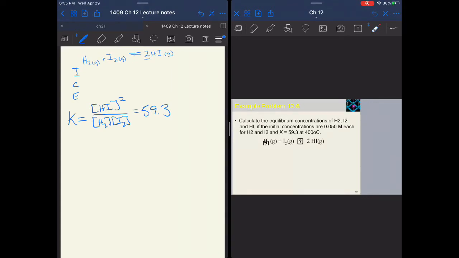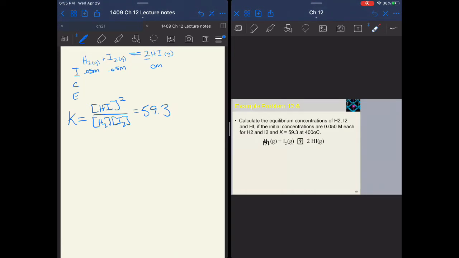Okay, we're also told that initially, so right when we mix these two together, before the reaction has taken place, we have 0.05 molar H2 and I2. So that's our initial concentrations, 0.05 molar. Now at the very beginning, before they've reacted, we have 0 molar HI. Now, we know the equilibrium concentration, but we don't know what that is going to look like.